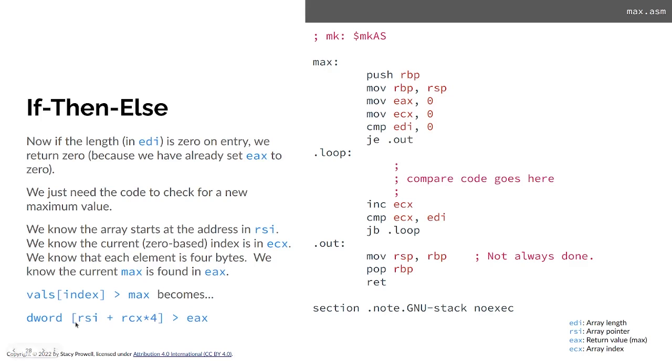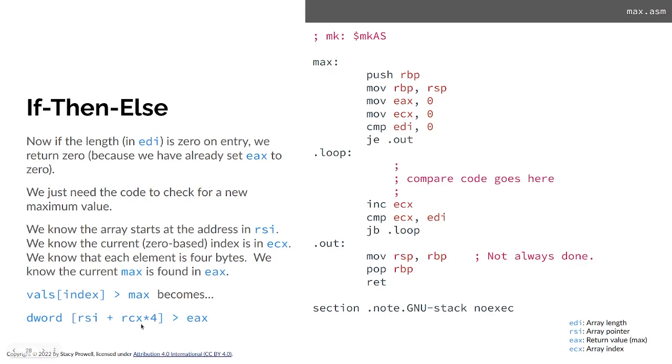So what we're going to do is we're going to take RSI, we're going to add RCX times 4. Why RCX? Because again, we have to use 64-bit values inside the brackets. We have to use things that are 64 bits long. We just have to. And that's okay, because we set ECX to 0, which automatically zero extended into RCX.